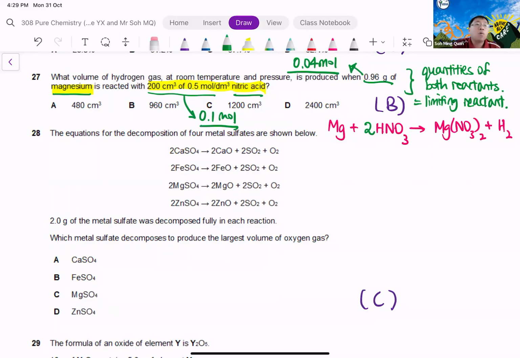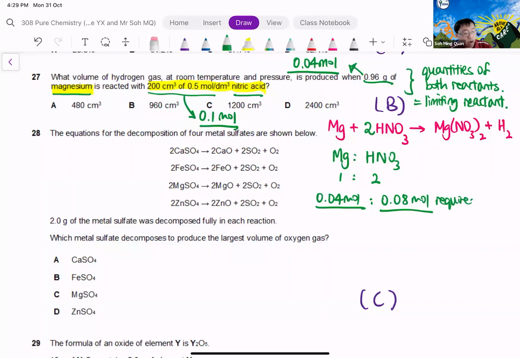So now you're going to decide what is the limiting reactant. So you look, magnesium to nitric acid is 1:2. So if magnesium is 0.04 mole, it should require 0.08 mole of nitric acid, right?